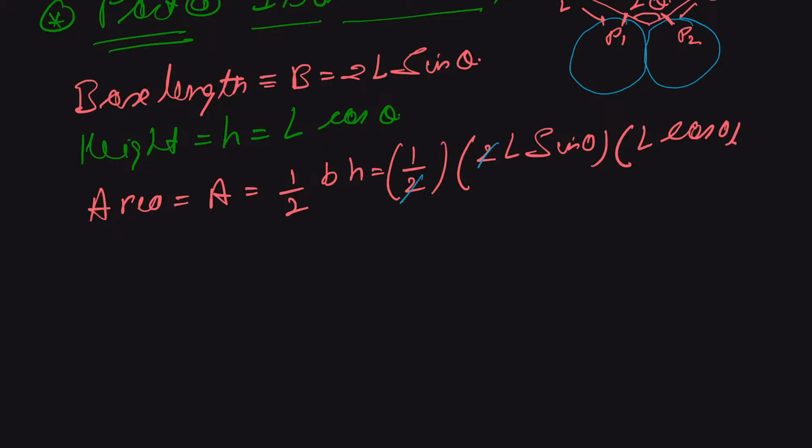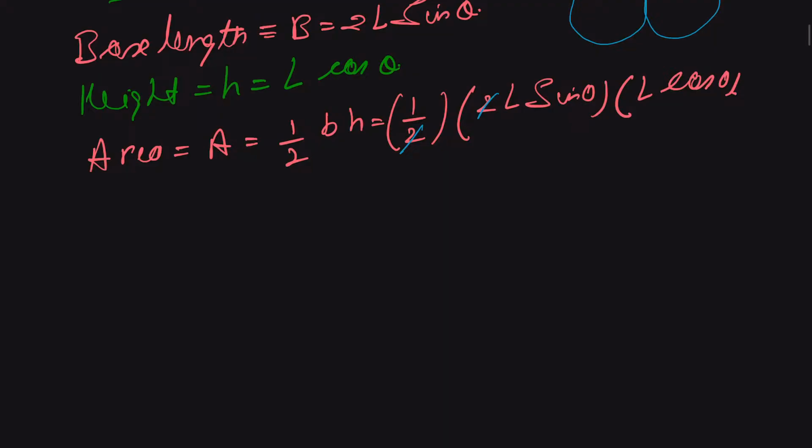So this 2 and 2 cancel out. Okay, so therefore we get our area A will be equal to L square, and we have sine of theta and cos of theta, and we can write in terms of the trigonometric identity L square, and this will be sine of 2 theta.